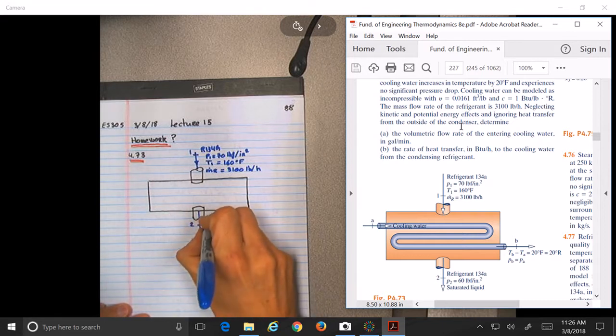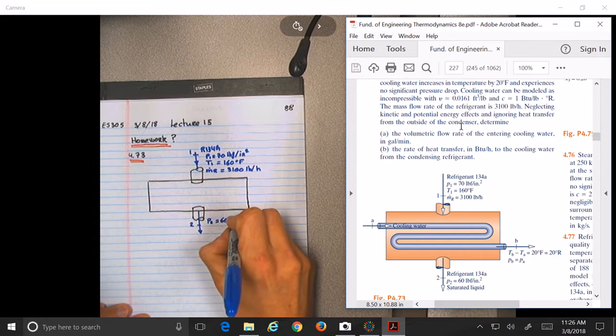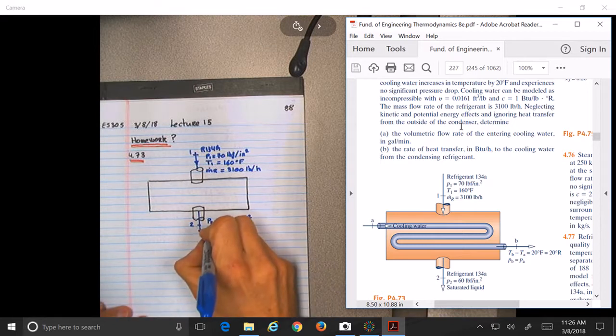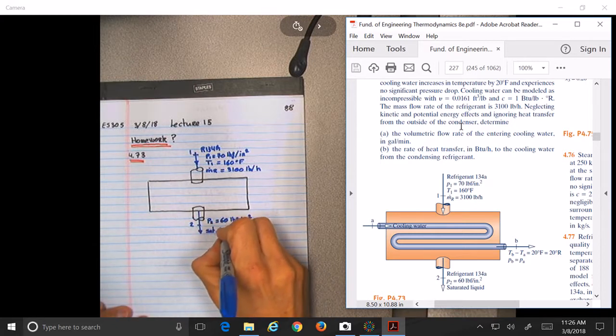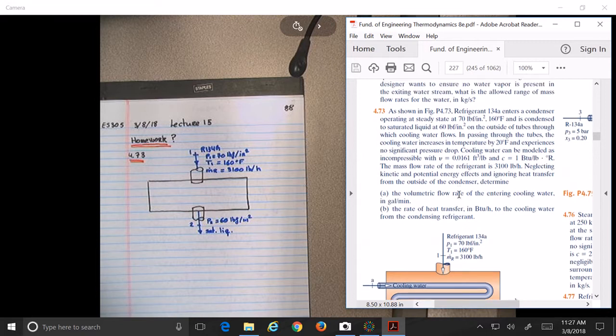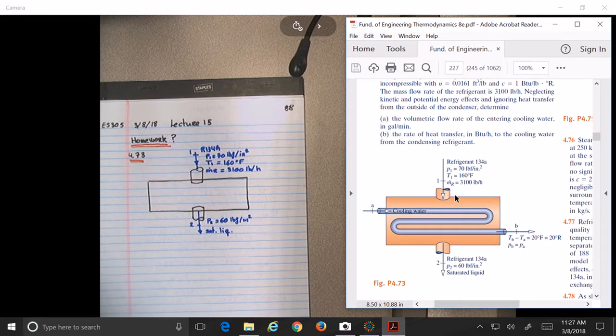And we know we'll be exiting at a pressure of 60 lbf per square inch. And what would be the state? We know this would be saturated liquid. Okay, so then what do we have?